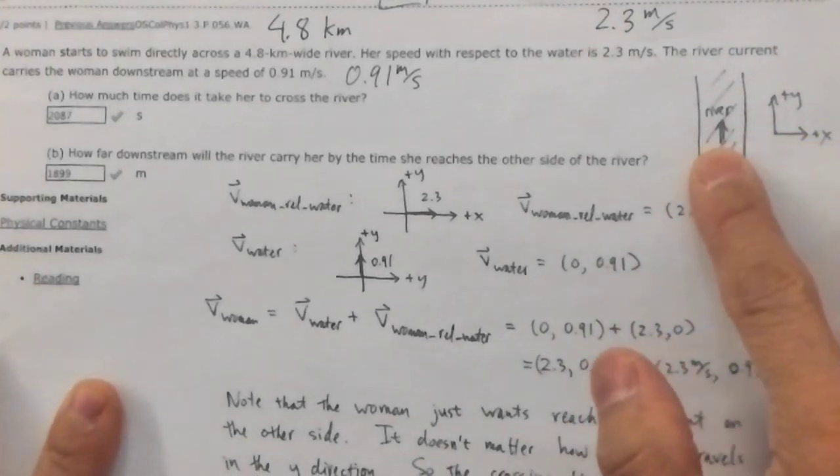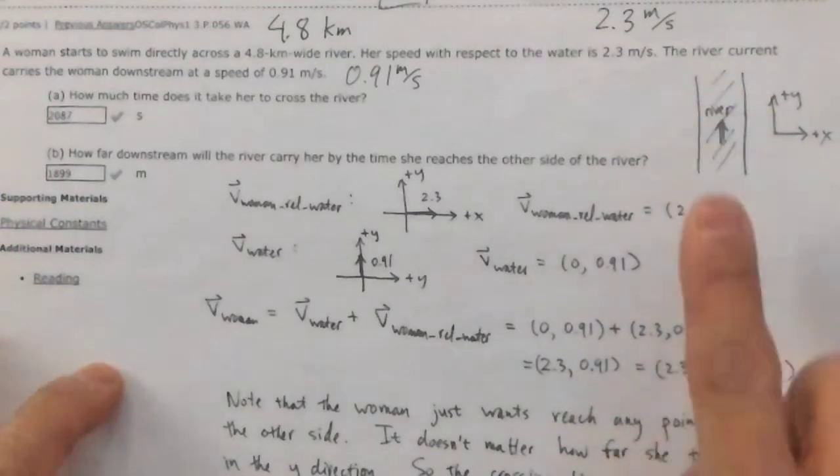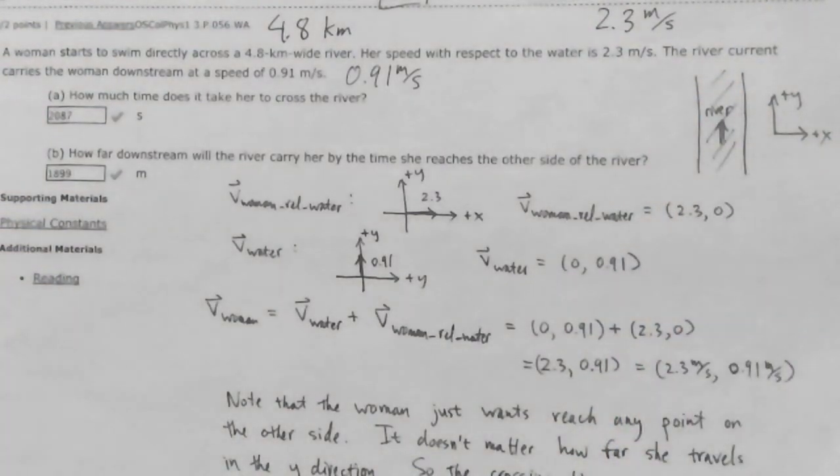The flow of the river is in the y direction. So from the point of view of how long it takes to cross the river, the fact that the river is flowing has nothing to do with it. It'll just carry her down the river as she crosses it. If the river was not moving, she'd cross in the same time. That's the beauty of this problem.